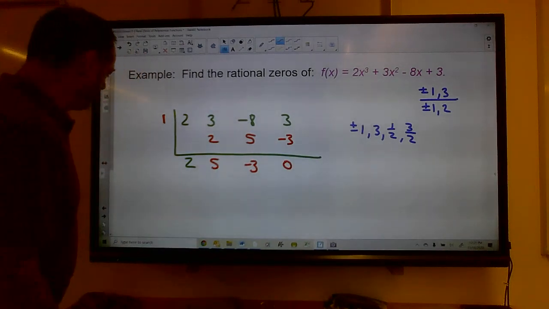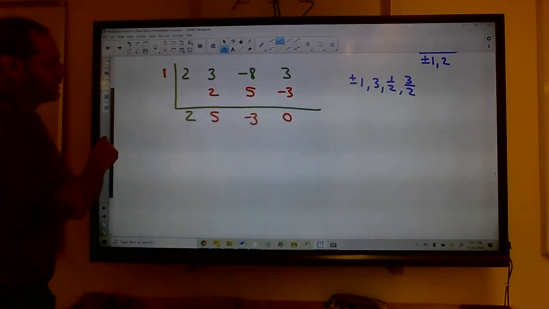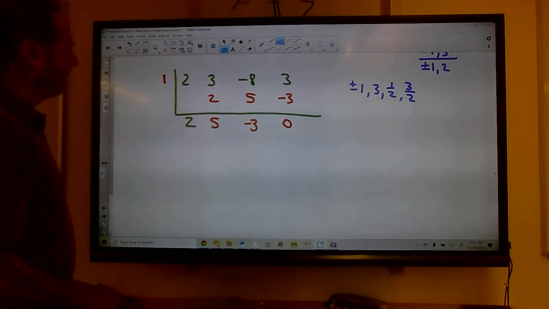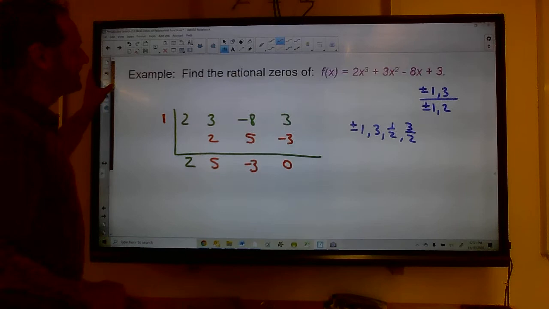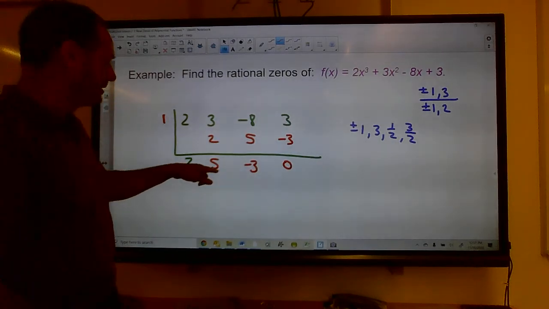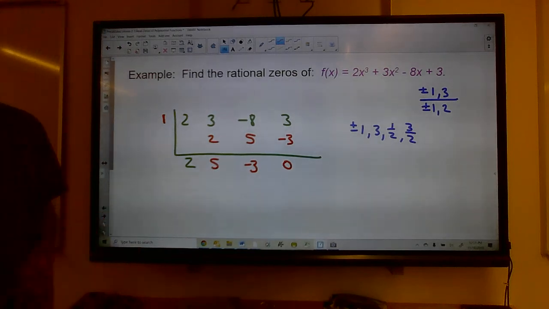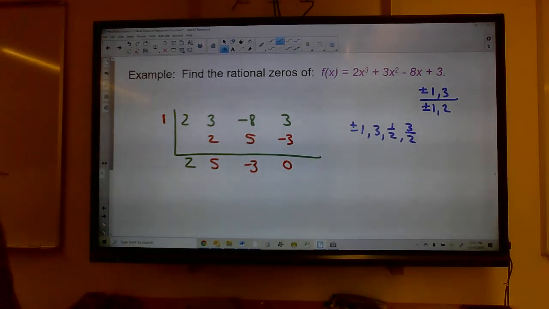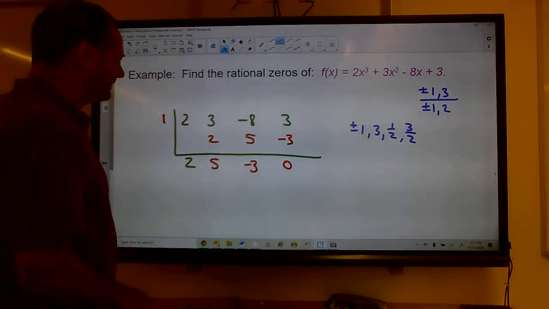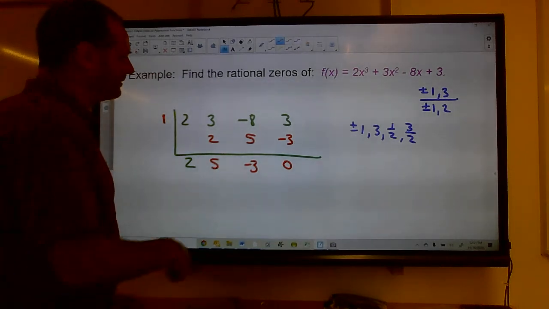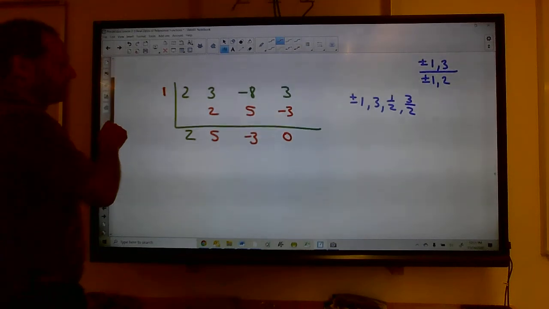So I've managed to get this down. This is now 2x squared plus 5x minus 3. Now, when I get this down to an x squared situation, I tend to factor it. I don't use synthetic division anymore.